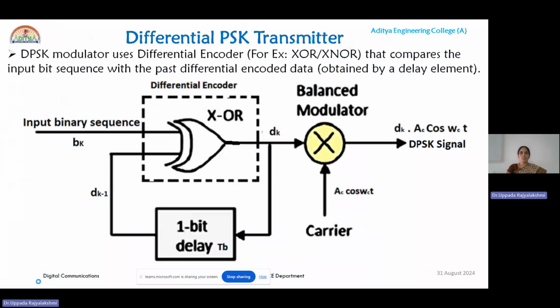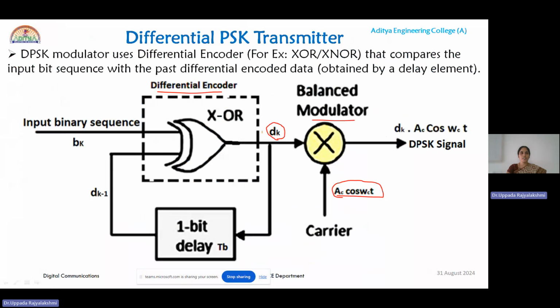Coming to the DPSK transmitter section, in the case of PSK, the original signal, that is the bipolar NRZ, is directly multiplied with the carrier signal. But this is for BPSK. For differential PSK, it is a combination of differential encoder plus product modulator.